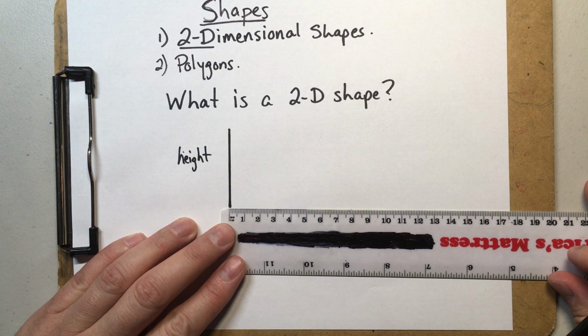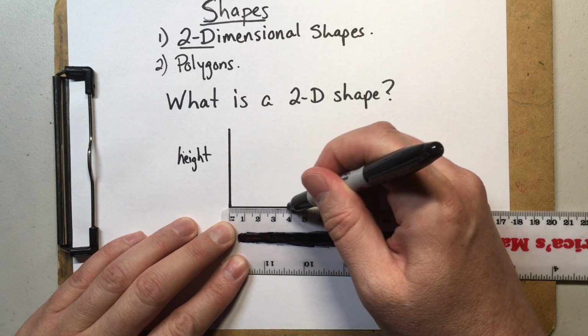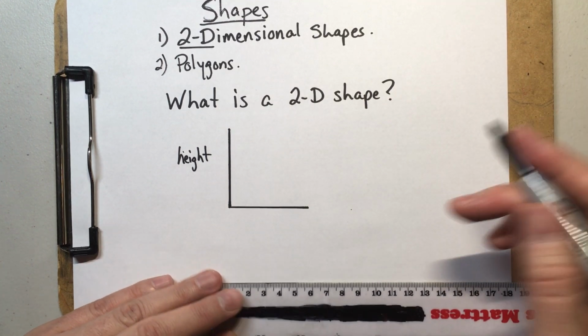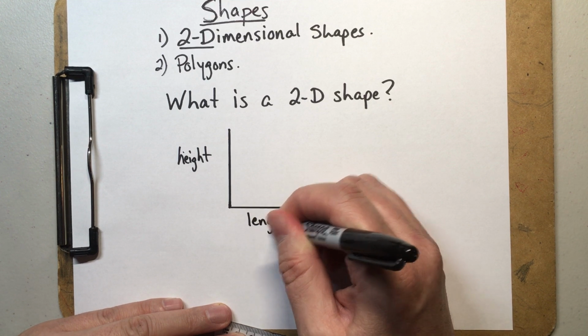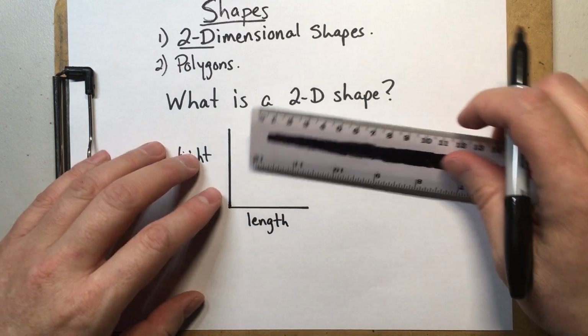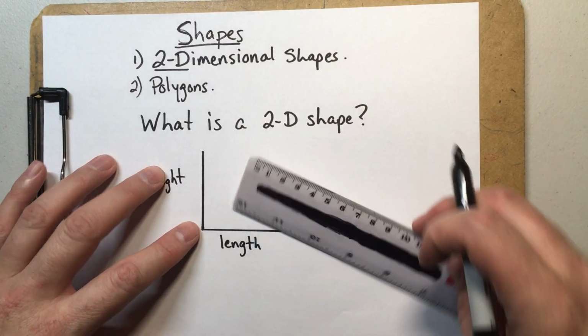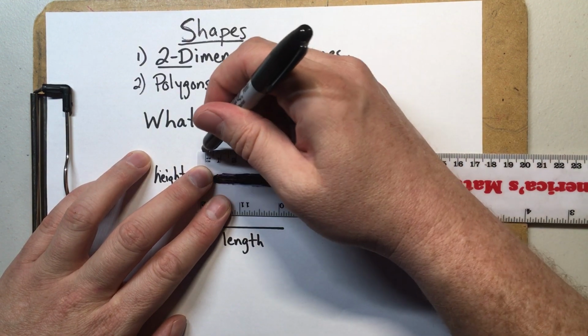If I go another 5 centimeters across, I can consider that my length. All right, so I'm going to go ahead and continue this and make a square.